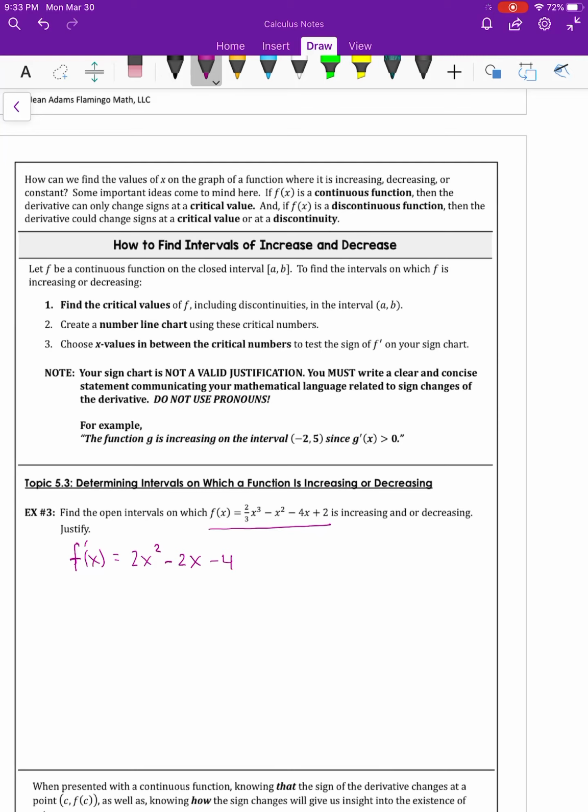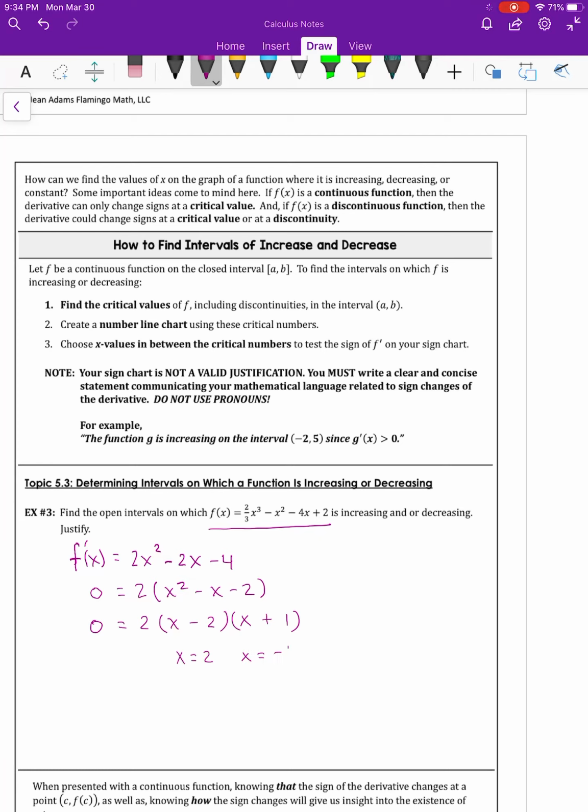And then derivative negative 2x minus 4. And remember, we're setting it equal to 0. And I'm going to factor a 2 out because I need to factor this. And I think that it's going to be easier to factor if I factor that 2 out.